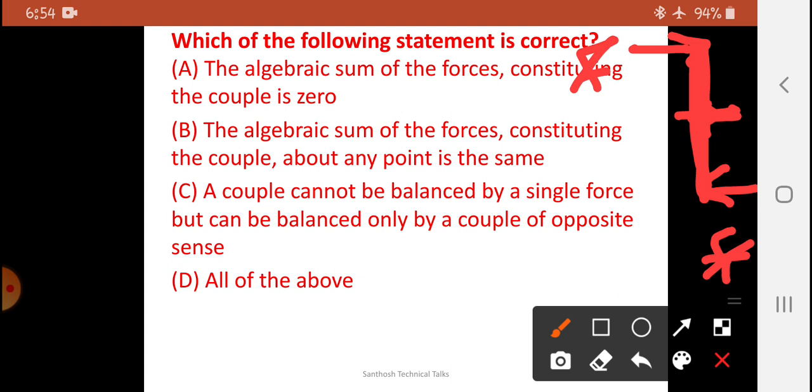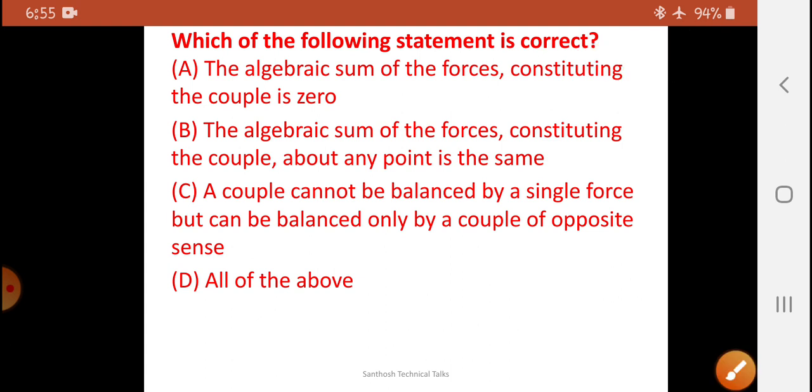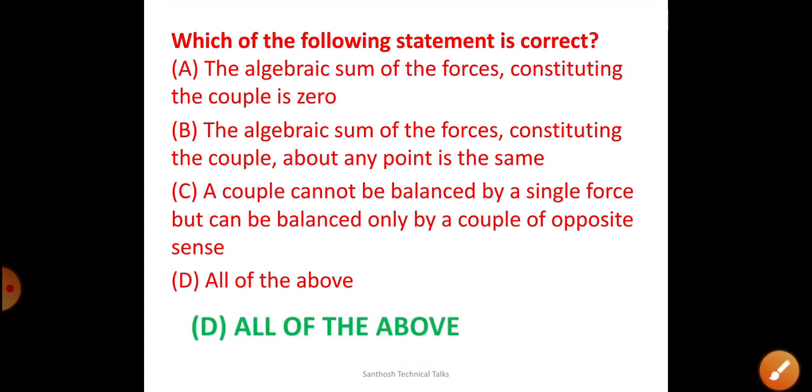Similarly, the moment of the forces constituting a couple about any point remains constant, and the couple cannot be balanced by a single force. This is a couple; it cannot be balanced by a single force, but can be balanced by a couple of opposite sense. So all the statements are correct.